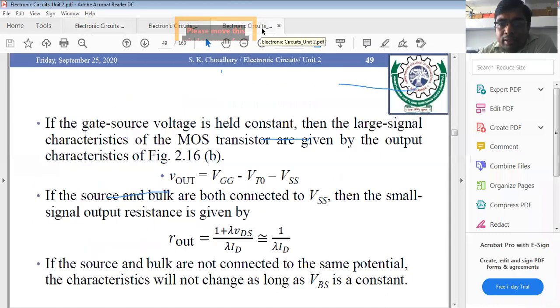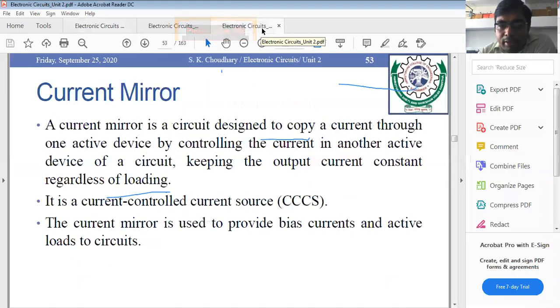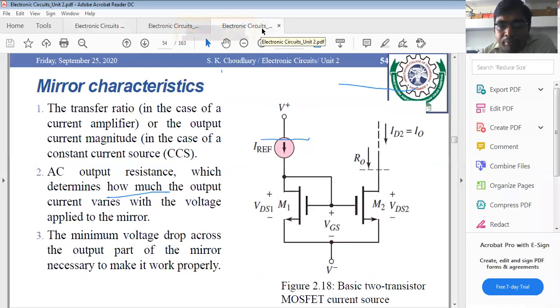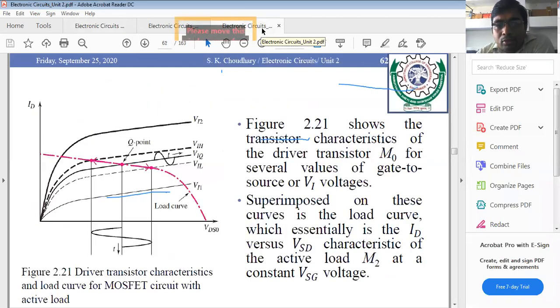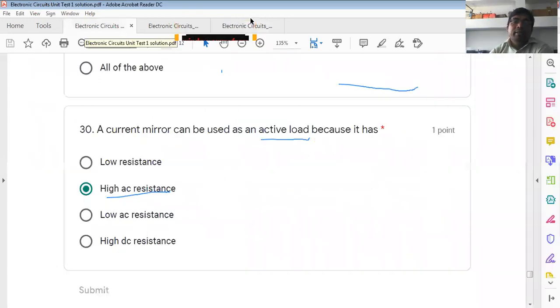For that purpose we have defined the output characteristics also. From here we can justify that it has high AC resistance, that's why it is acting as an active load.